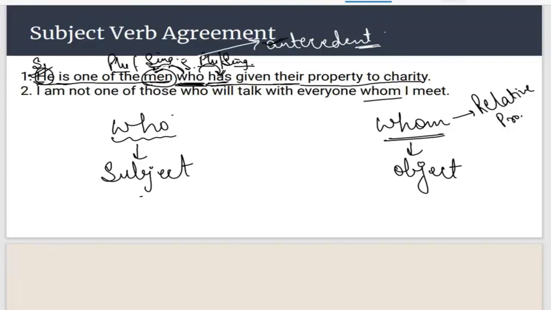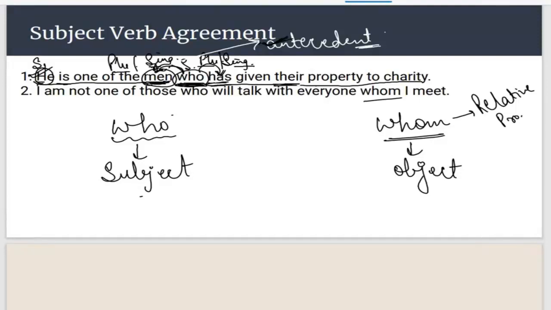I repeat again, the noun or pronoun mentioned just before who is called the antecedent, and the verb, adjective or pronoun, whatever is coming after who, will agree according to the antecedent of the sentence. Is this clear to all of you?